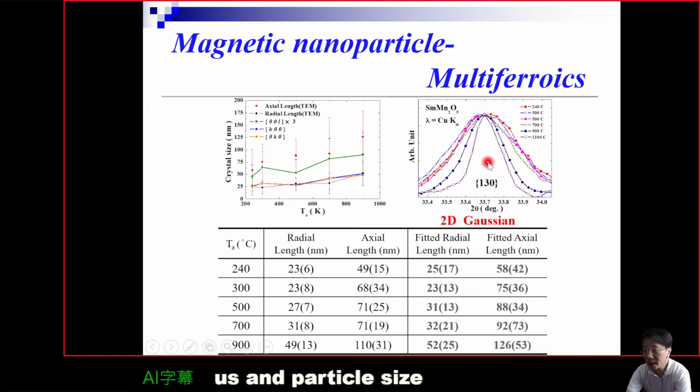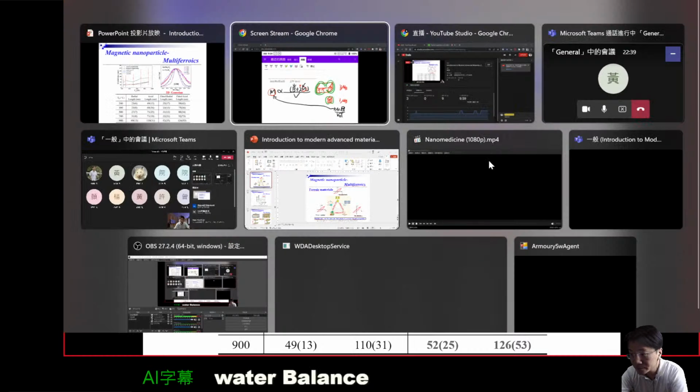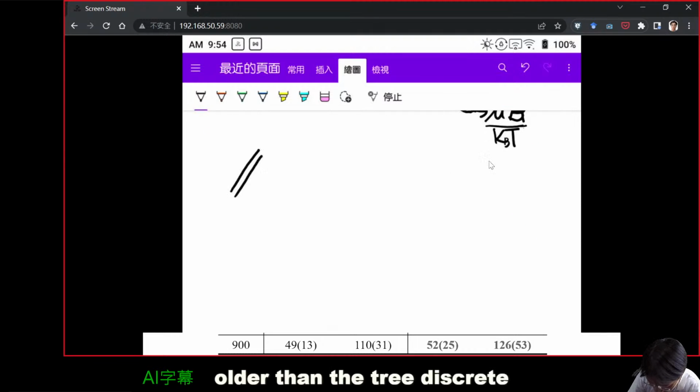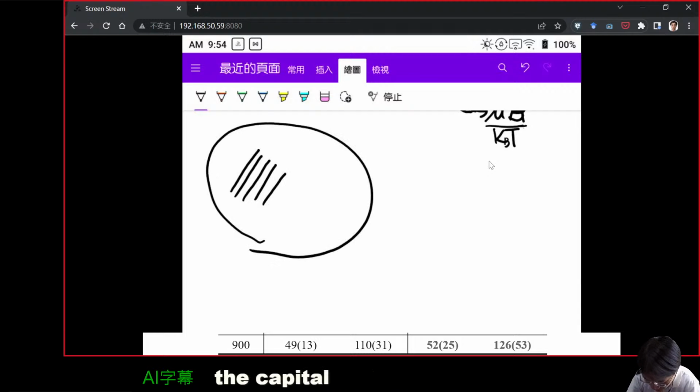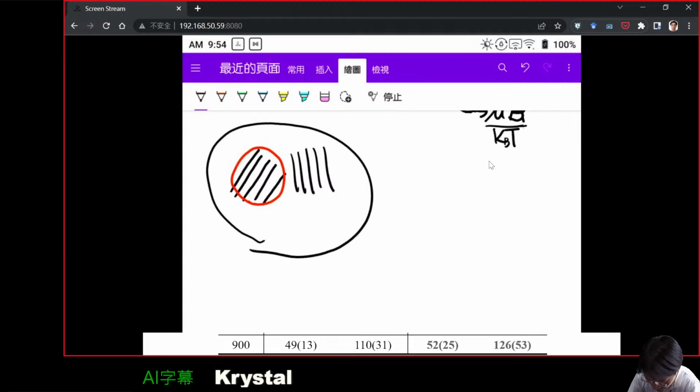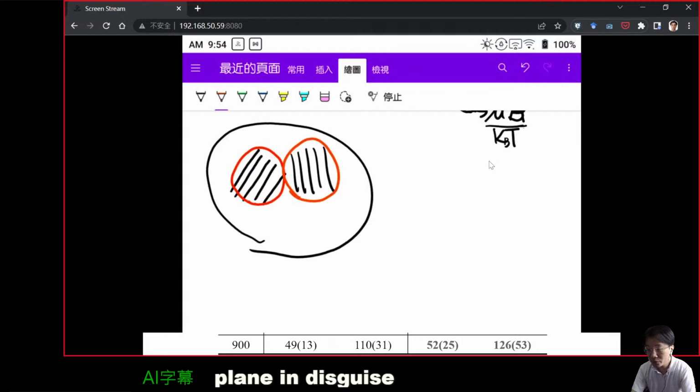But the difference between the X-ray result and the TEM result is that X-ray only considers the coherent length. What does that mean? So for X-ray, this is the crystal plane, and if inside a particle there is a crystal plane in this size, and there's another different crystal plane in this size, then you will find one thing.